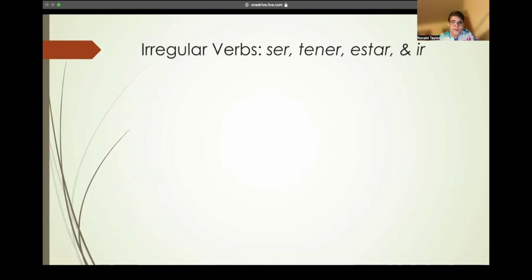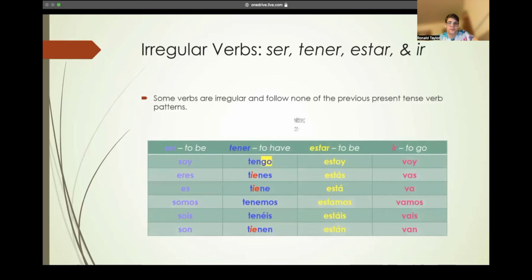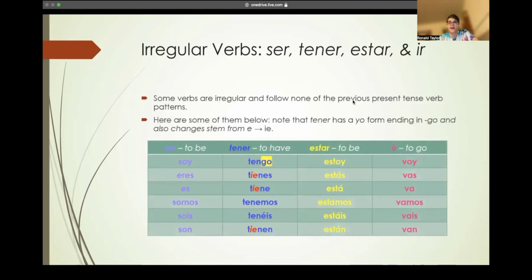And then lastly, there are some irregular verbs. There's ser, tener, estar, and ir. These guys are irregular. So these guys have none of the previous patterns.